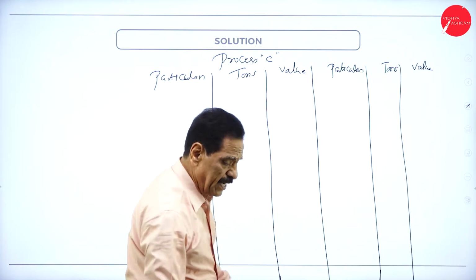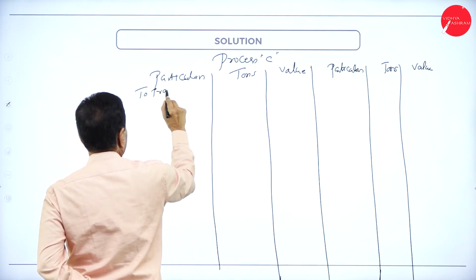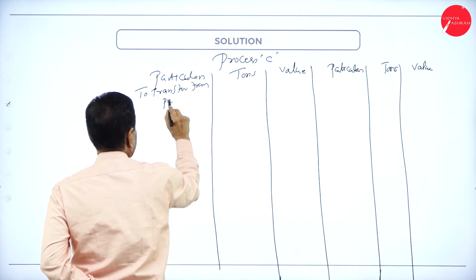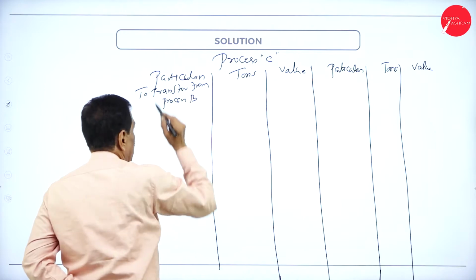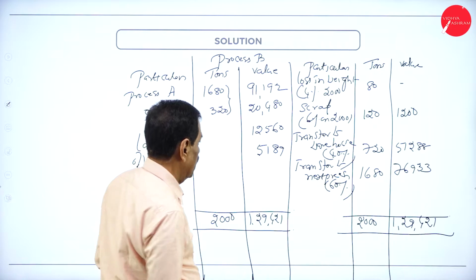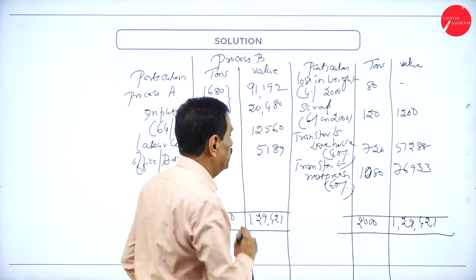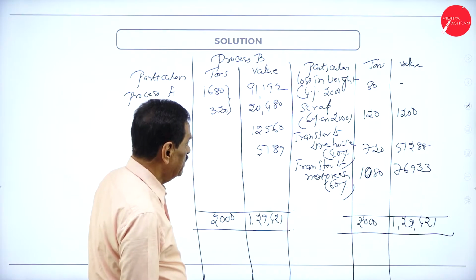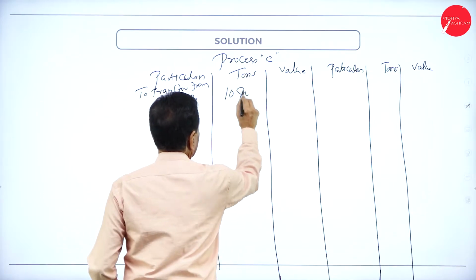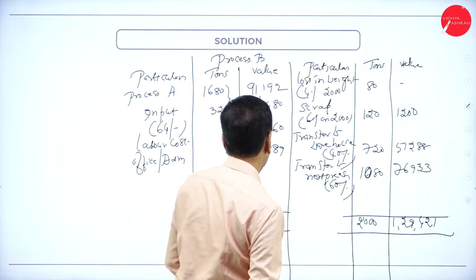Give the transfer entry from process B. So 1,080 transfer to next process, 1,080 tons. What's the value? 76,933.